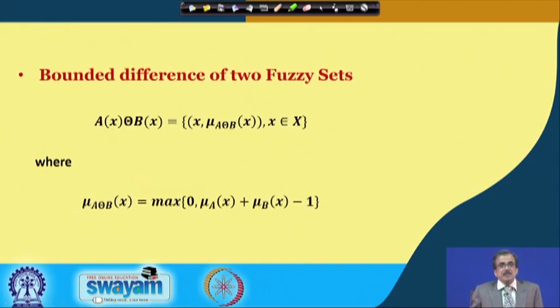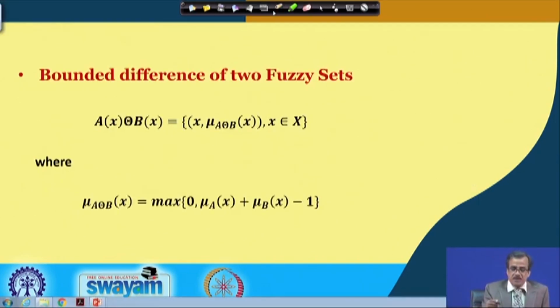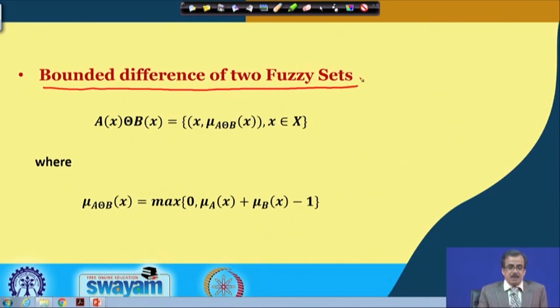Then comes the bounded difference between the two fuzzy sets. Let us see how to find the bounded difference of two fuzzy sets. The two fuzzy sets are A(x) and B(x).